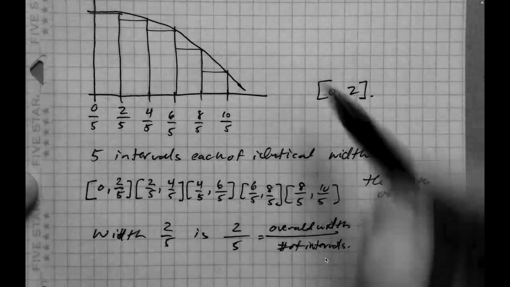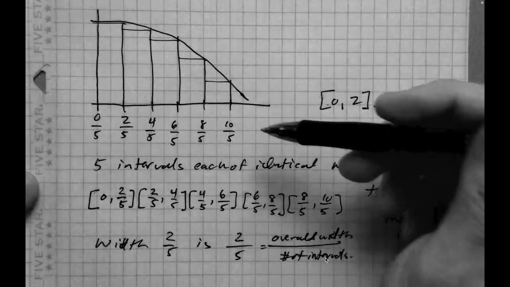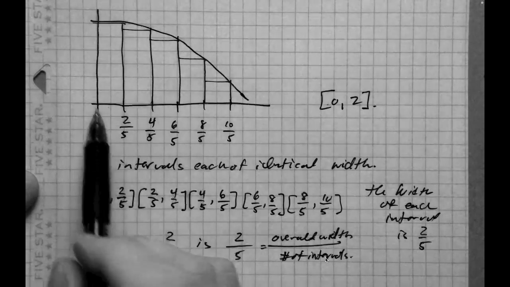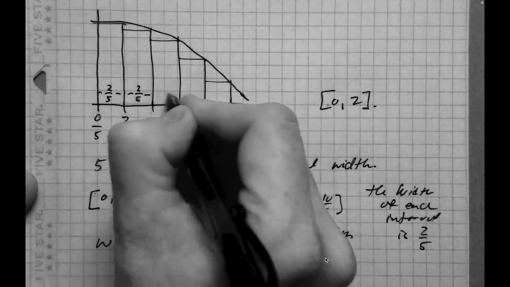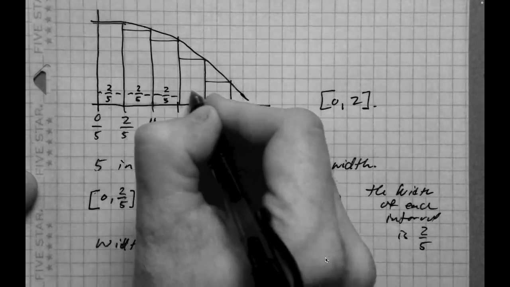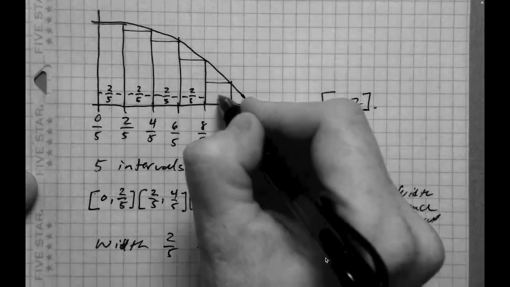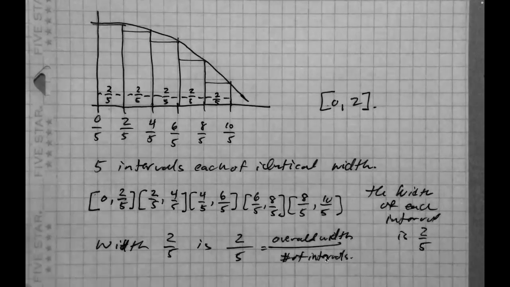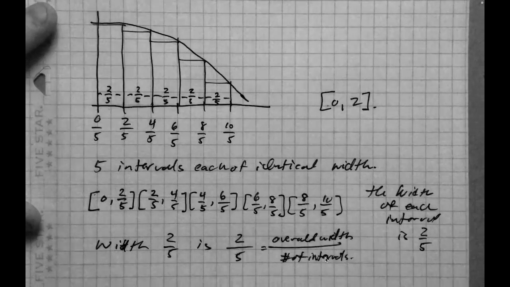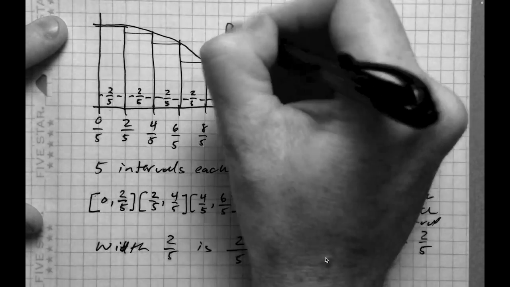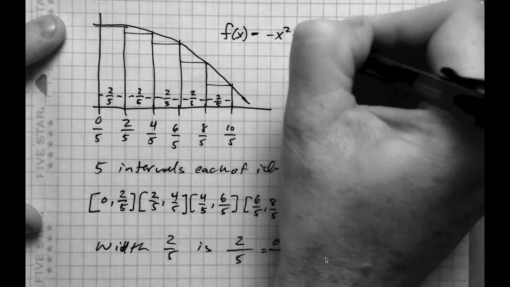Now, how would we figure out the height of each rectangle? So obviously the width is 2/5 for each of these. We can see that. You could subtract any of these two numbers and clearly get 2/5. But how do we know the height of the rectangle? Well, there's a function. So this is some kind of a function. In this case, the function I've actually drawn here is negative x squared plus 5.